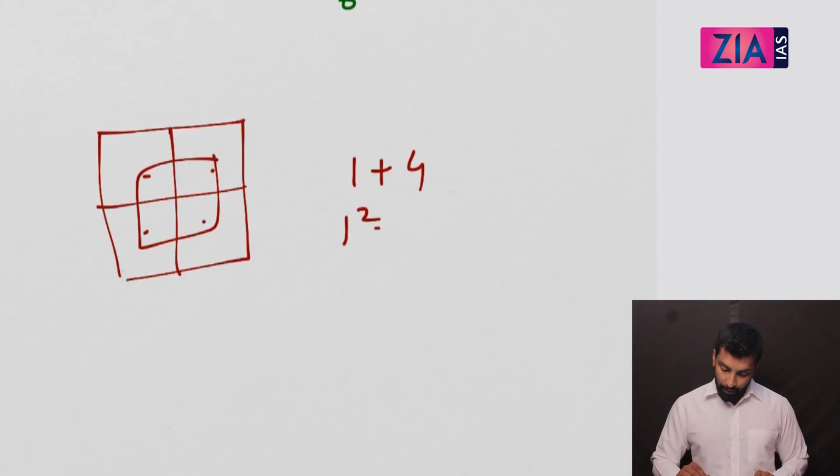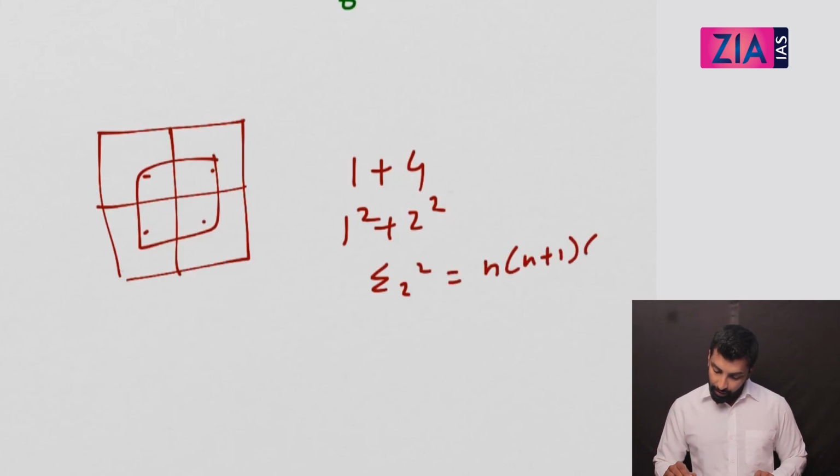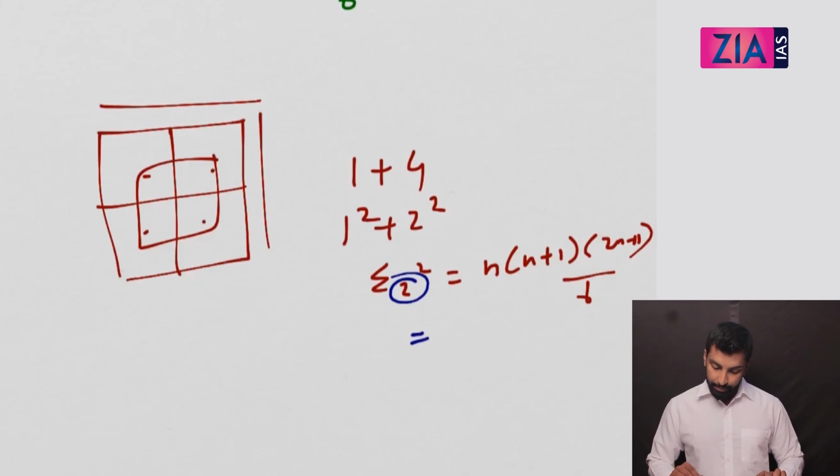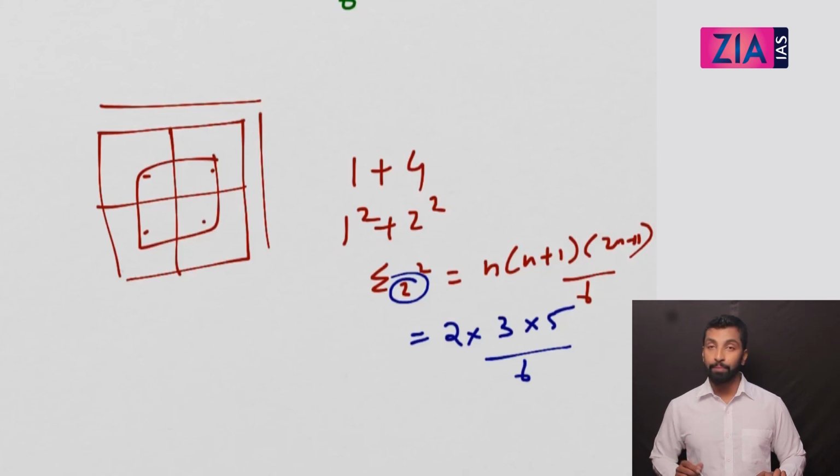And this is nothing but 1 square plus 2 square, and this is nothing but sigma 2 square, and that is nothing but n into n plus 1 into 2n plus 1 by 6. What is n here? Since this is a 2 into 2 square, this is sigma 2 square, so n is 2. Let's substitute: 2 into 2 plus 1 is 3, and 2n plus 1 means 5, divided by 6. So 30 divided by 6 means 5, and that's how you got 5.